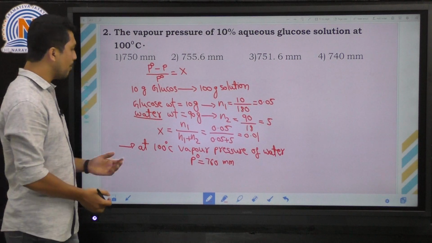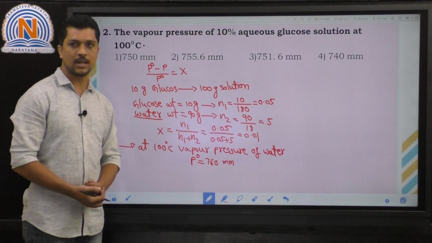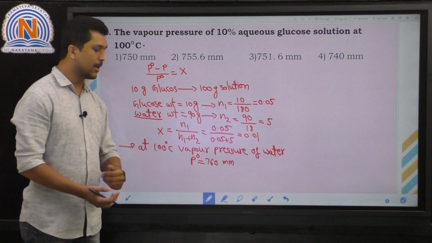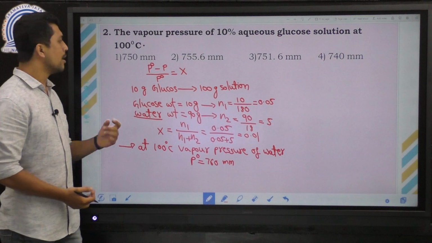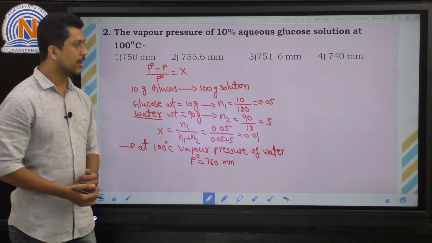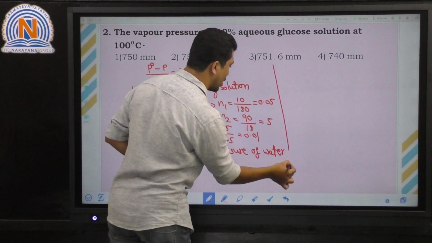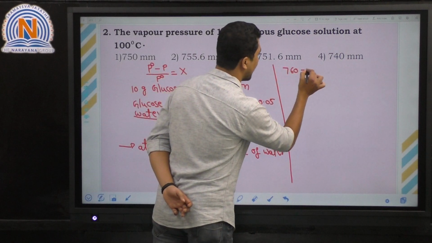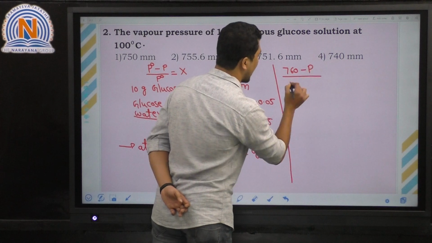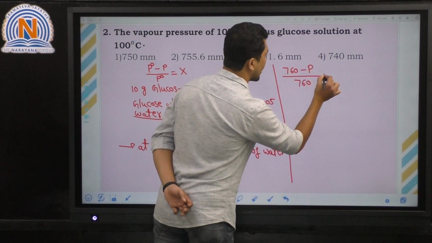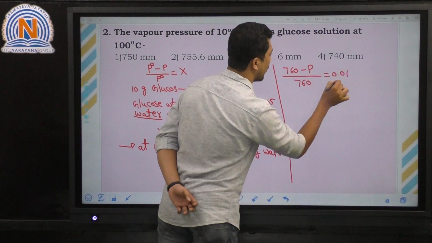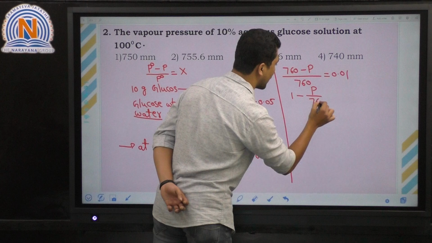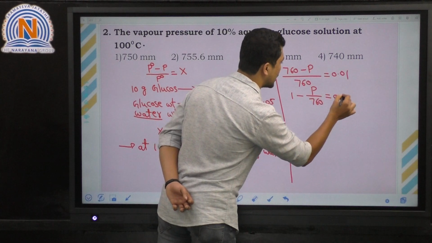Now we have the mole fraction 0.01 and P0 equal to 760 millimeters, so we can find the vapor pressure of the solution, P. Substituting in the formula, 760 minus P by 760 equals 0.01, so 1 minus P by 760 equals 0.01.